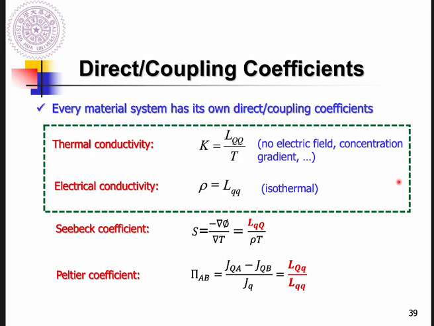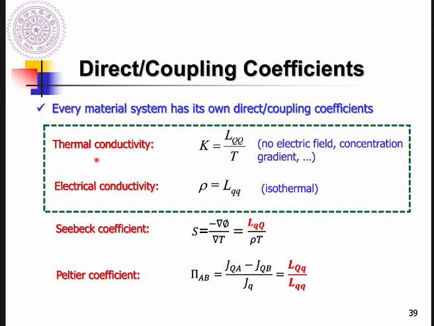Don't forget, every material has its own direct and coupling coefficients, which also means that the coefficient, no matter whether it's direct or coupling, is related to the material's property. It is dependent on the material's property.